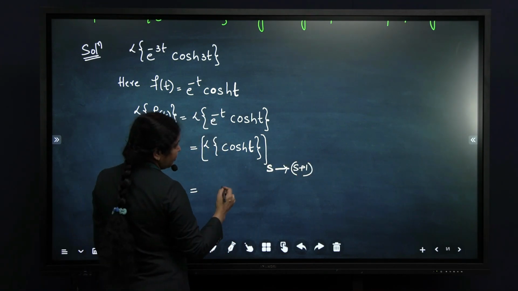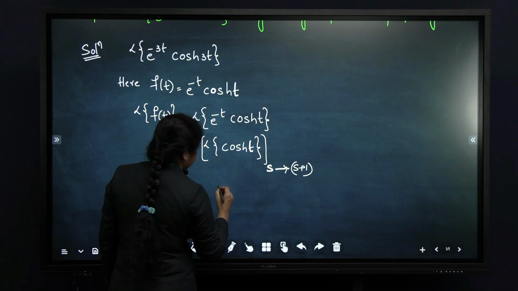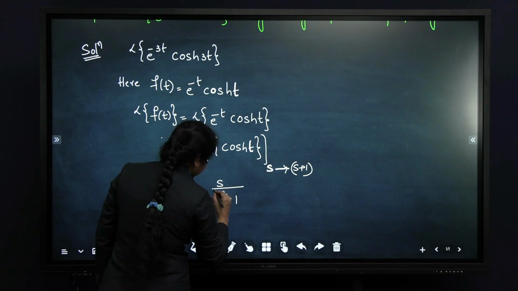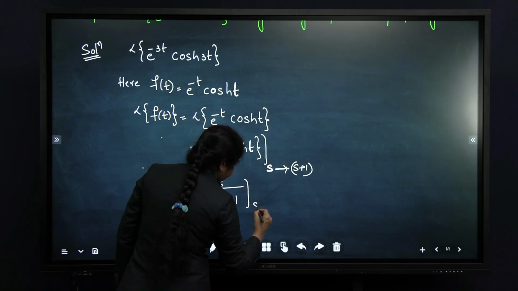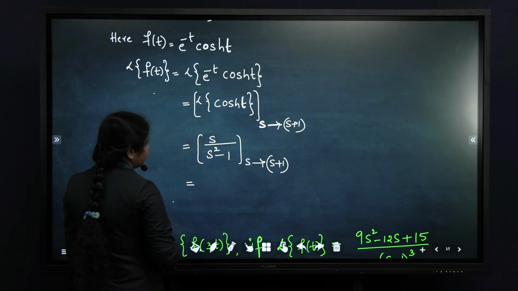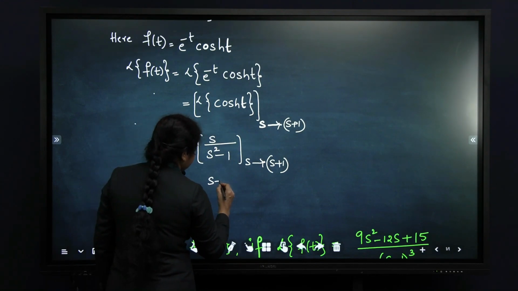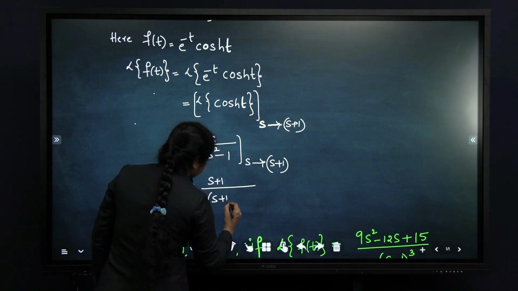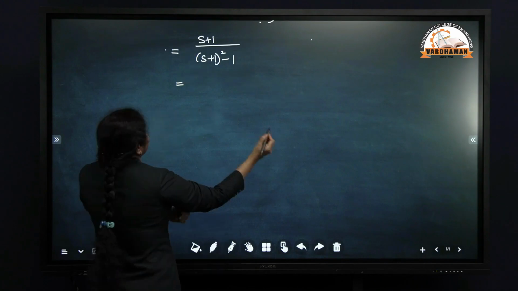Now L of cosh t formula is s by s square minus 1, and in this result we need to change s with s plus 1. By replacing s with s plus 1, we get s plus 1 by (s plus 1) whole square minus 1.